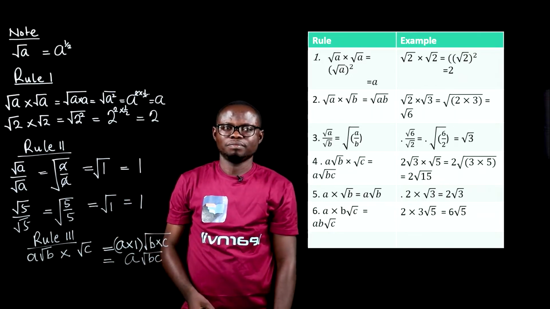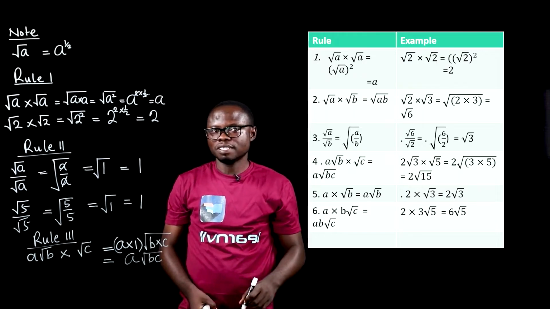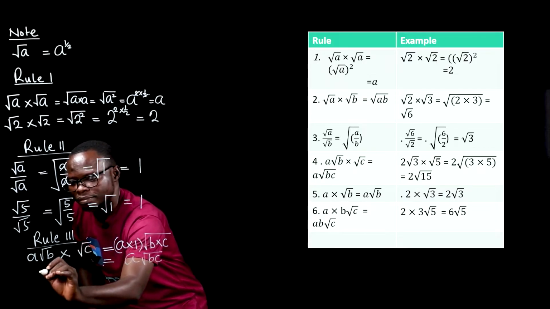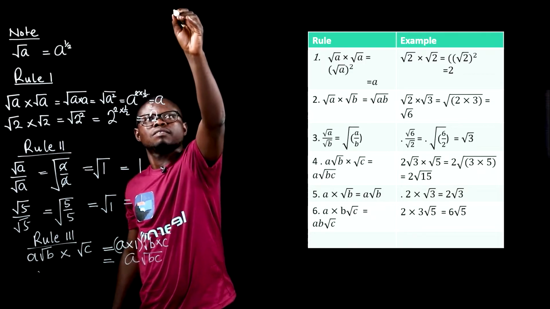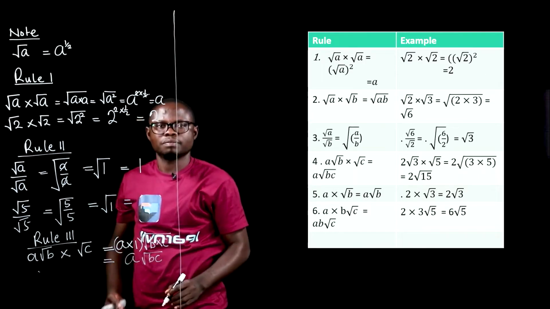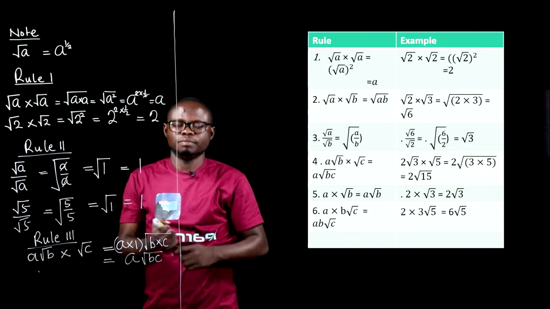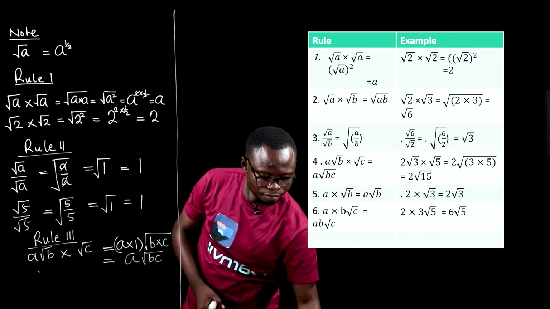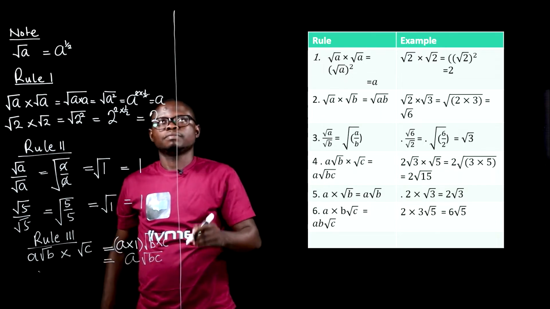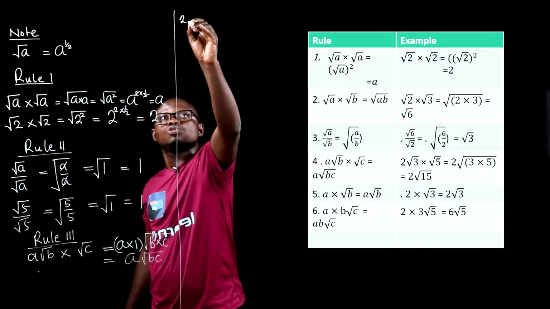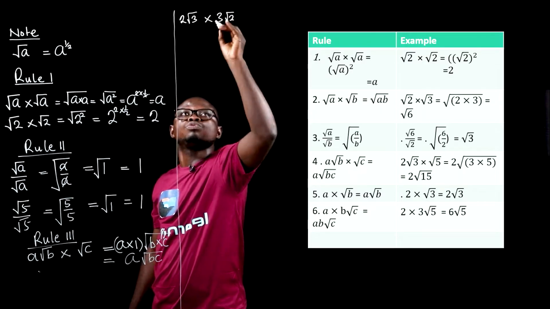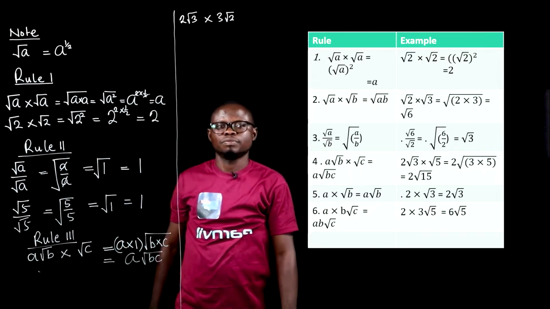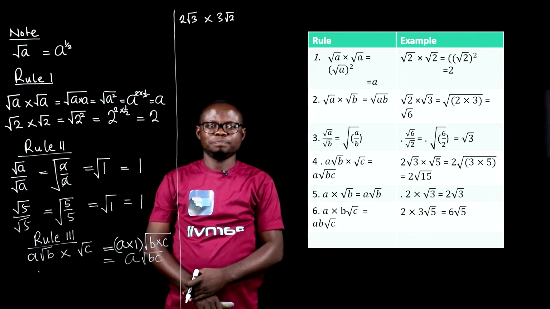Great. Can you try your hands on this? Let's see. Two root 3 times 3 root 2. You have 5 seconds.